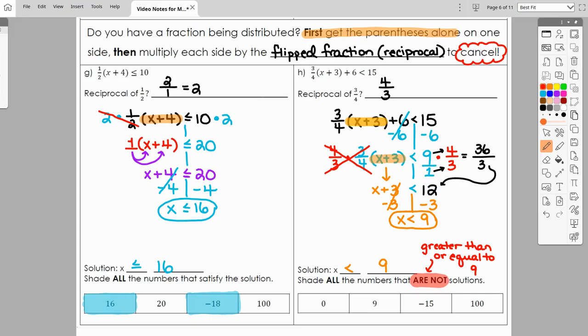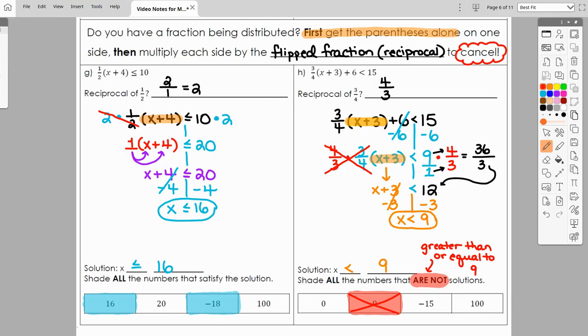So let's take a look. 0 is less than 9. That is a solution, so we're not going to shade it. Next one is 9 here. Well, it's only a solution if it's less than 9, so equal then is not included, so I would shade this 9 here. If you want to, you can use X's to cross out which ones are not just less than 9.